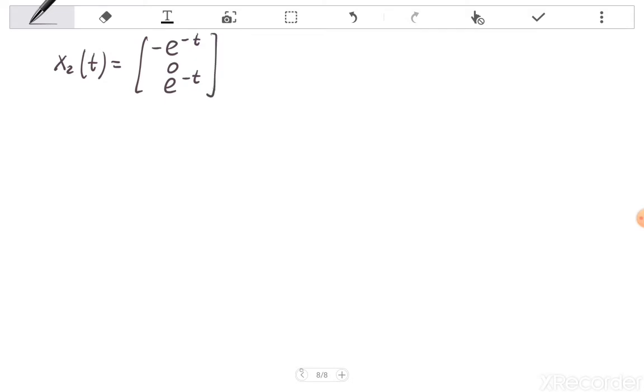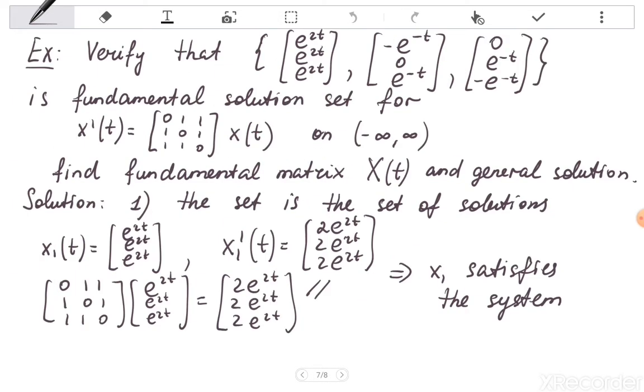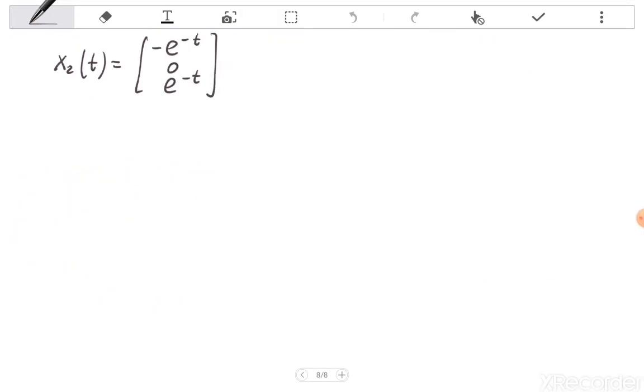And we must check this for the matrix 0, 1, 1, 1, 0, 1, 1, 1, 0, that it satisfies the system.